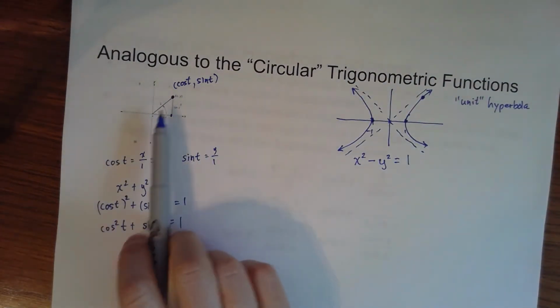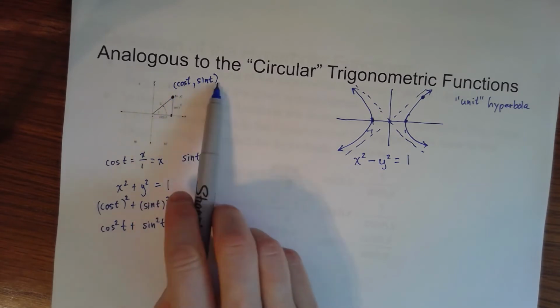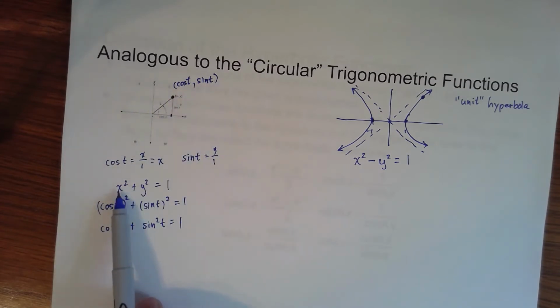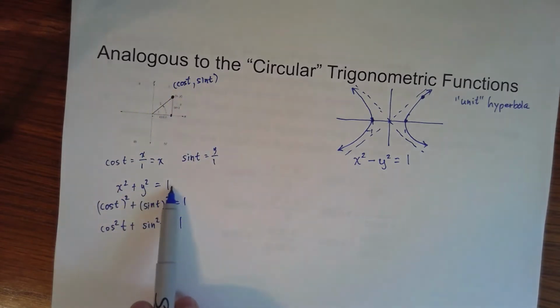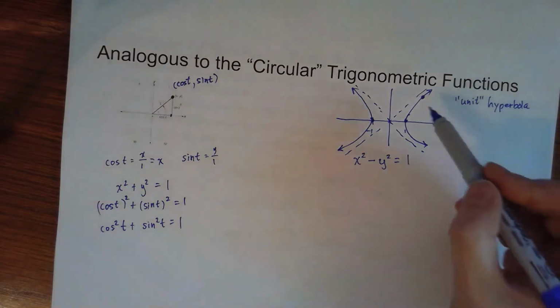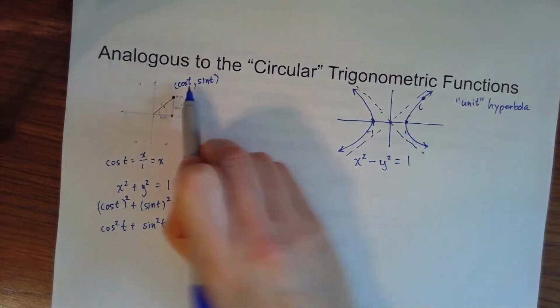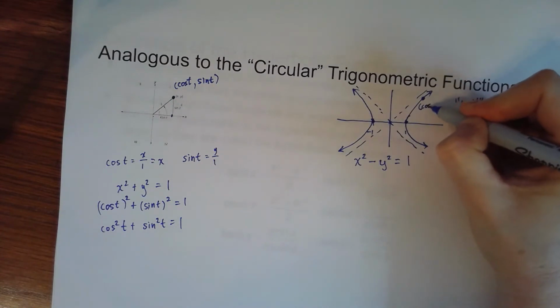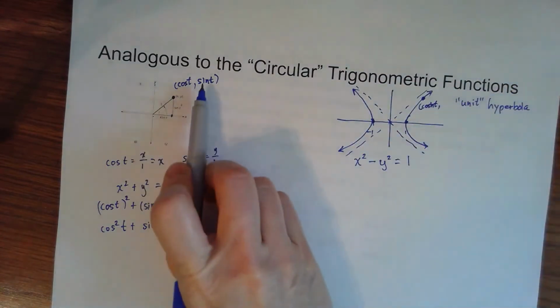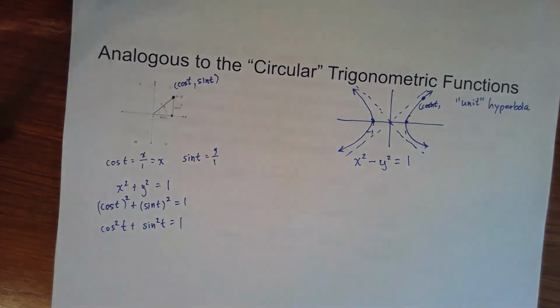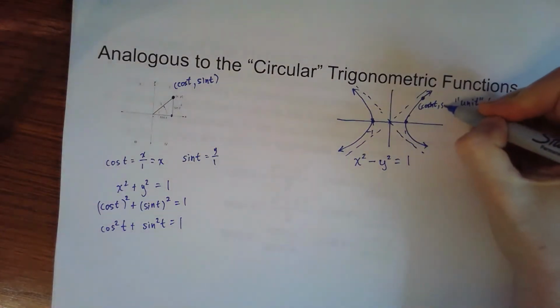So here, I could say, well, I know that this point has to be on the circle x squared plus y squared equals 1, and so I get cosine squared plus sine squared equals 1, and that identity has to hold. Well, over here, the x-coordinate, instead of being cosine of t, is going to be cosh t, and the y-coordinate, instead of being sine t, is going to be sinh t.